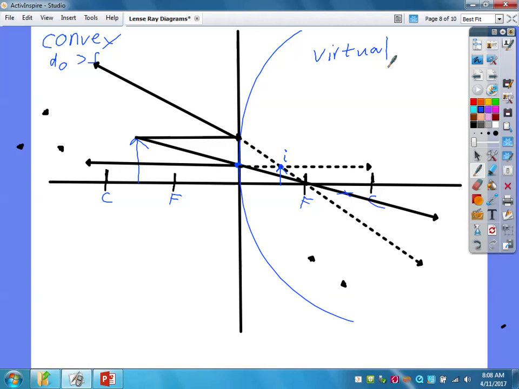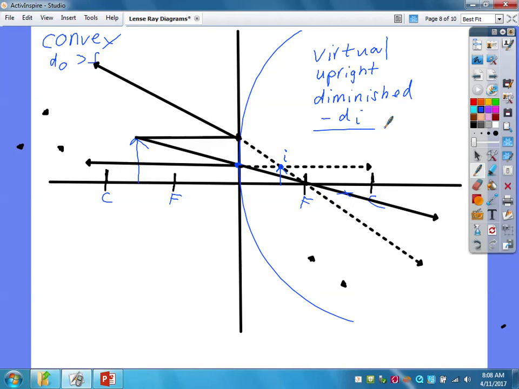But it is always creating that virtual image. Okay? It is upright. It is diminished. And we'll say it's negative DI. The image is beyond the mirror, in the mirror itself.